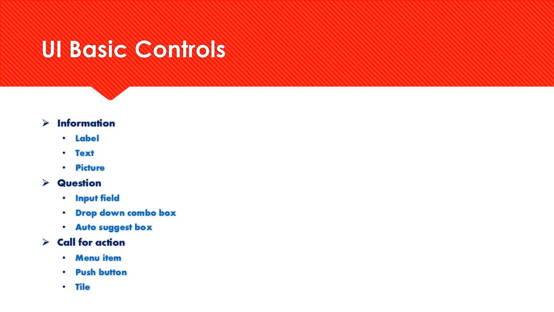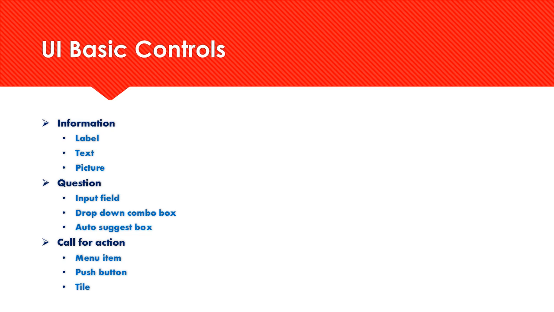UI basic controls are always single controls. All these single controls have different goals, for example, providing information, asking questions, or providing a call for action. If we take a look at the different types of information controls, we see a label, text, and pictures.